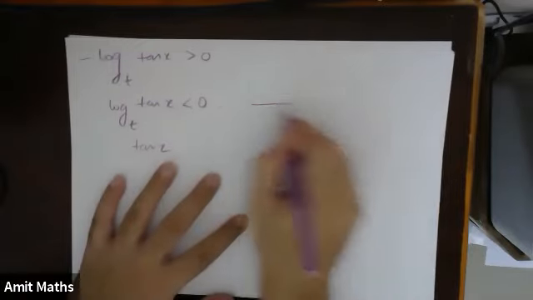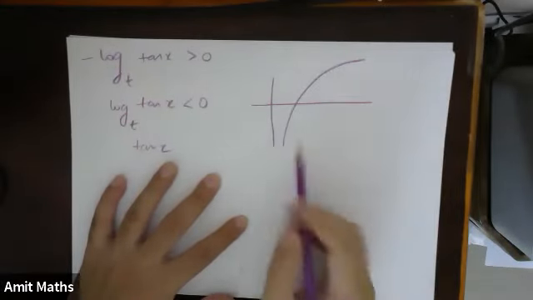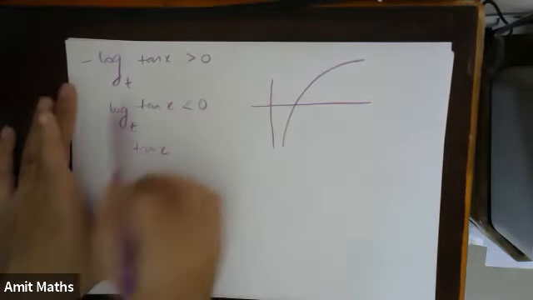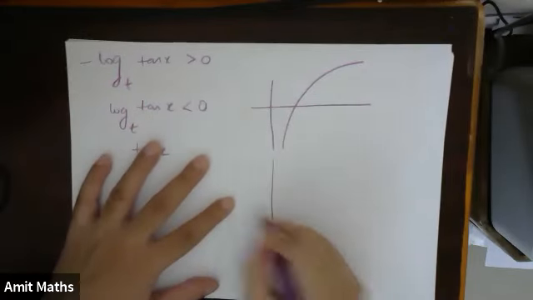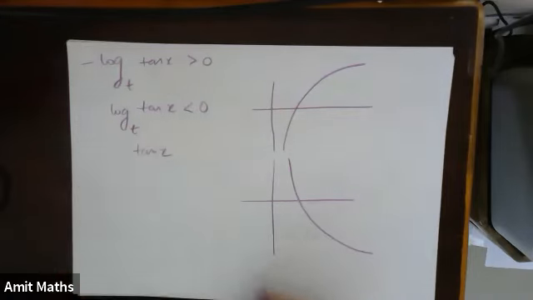One more thing: this is a weak base, so we have to draw for a weak base. A weak base is something like this.